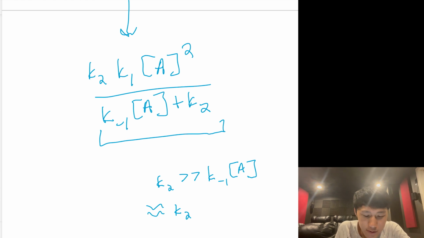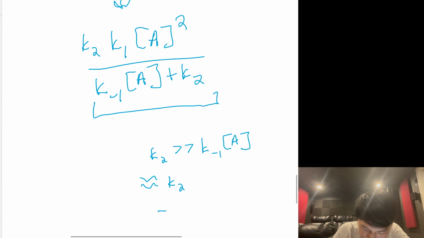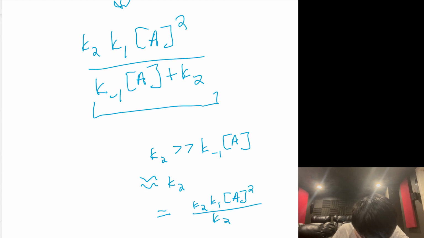And if the denominator is just k2, that means the rate would just equal k2 k1 A squared over k2. These two cancel out, and we just have k1 times A squared. And we would observe our second order kinetics.